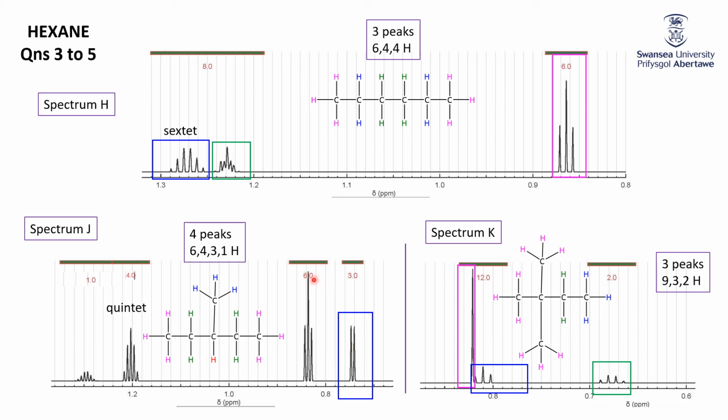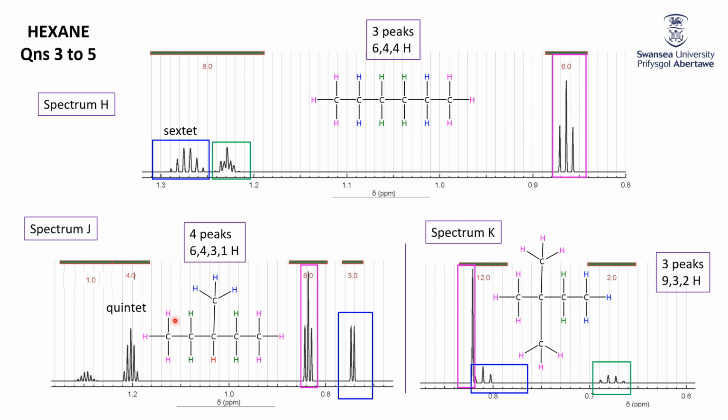Now we've got a 6 hydrogen triplet, going to be associated with hydrogens on a carbon that are attached to a carbon with 2 protons, because 2 plus 1 is 3. And so hopefully, obviously, those are the pink ones there.